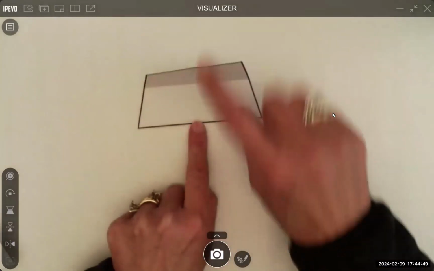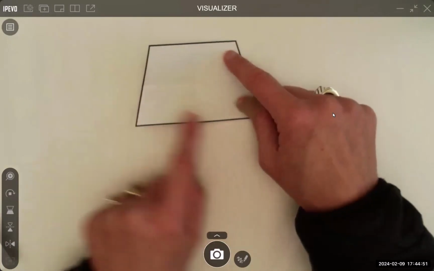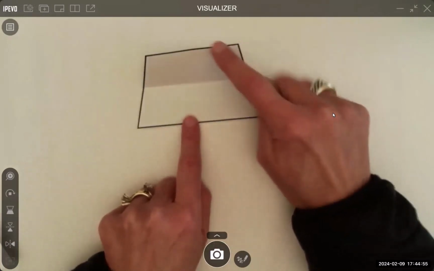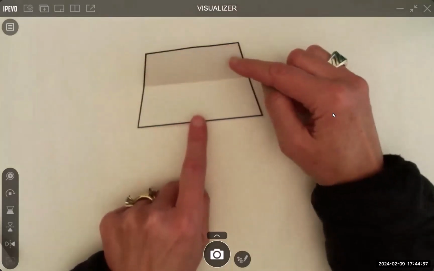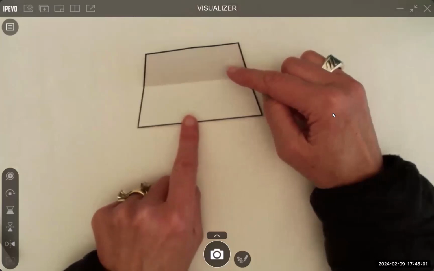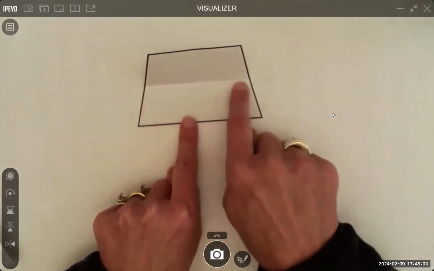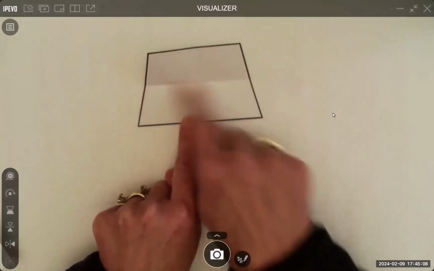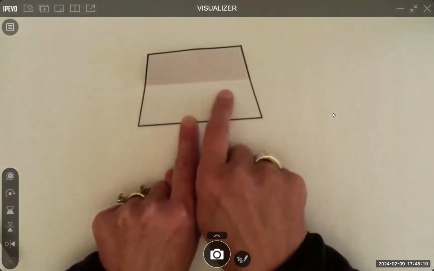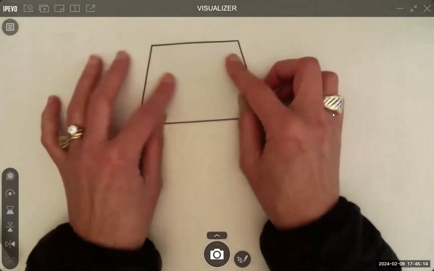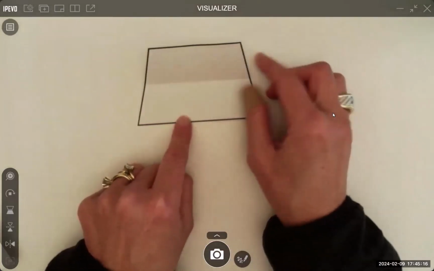This part of the shape is not an exact match of this part, even though the shape has been folded into two parts. They do not match exactly. So horizontally, from this perspective, the trapezoid does not have a line of symmetry this way. Okay, well, let's consider if we fold the trapezoid vertically.